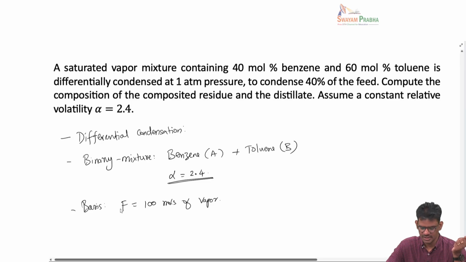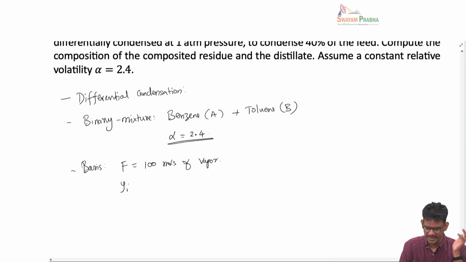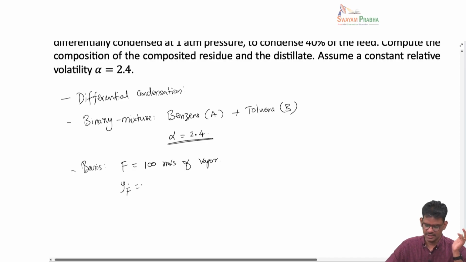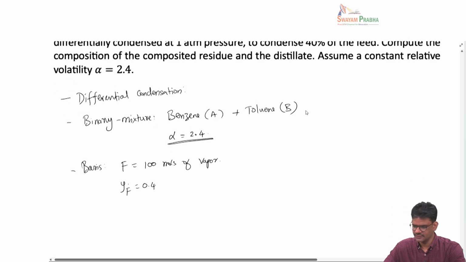Okay, so here F, the feed, is the 100 moles of vapor, and so instead of XF we will say YF, and this is 0.4. The problem is to condense 40% of the feed. So W is 40 moles.